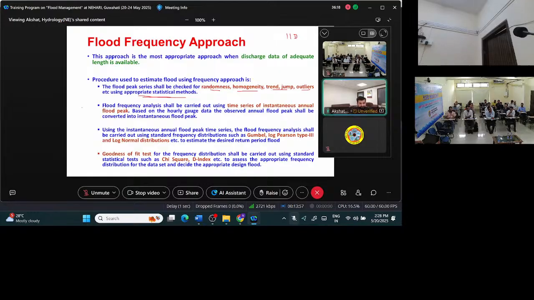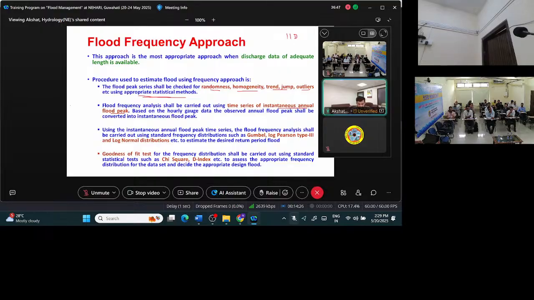The flood frequency analysis shall be carried out using time series of instantaneous annual flood peak. What is instantaneous annual flood peak? Generally, we take data in the morning at 8:30 or 8 a.m. During that time, it may not be possible that the flood peak has come during our observation time only.